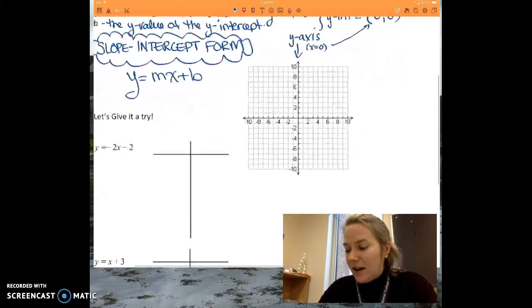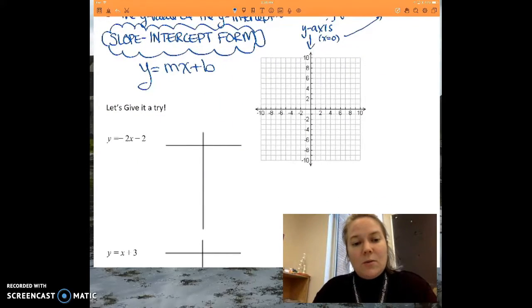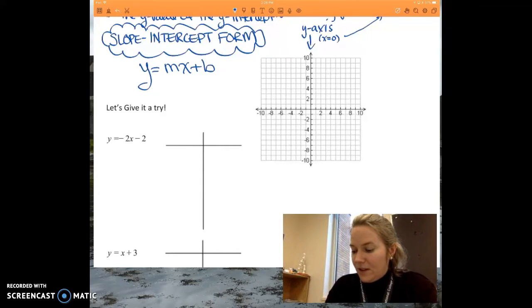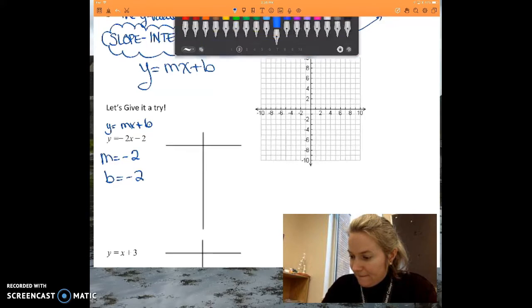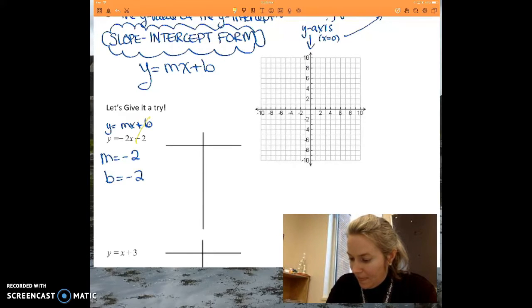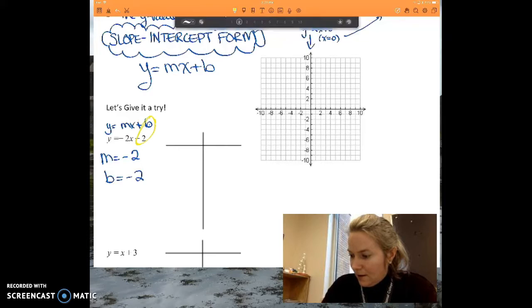Let's take a look at an example. Okay, y equals negative 2x minus 2. So, if y equals mx plus b, m must be negative 2, and b is negative 2. This is b here, right there.